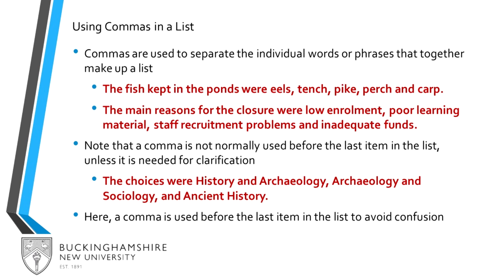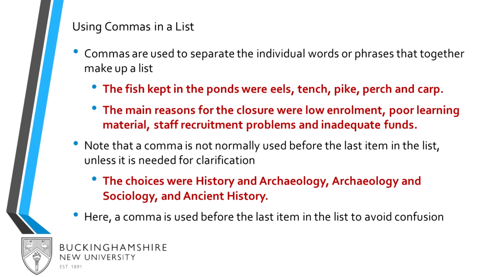If you have a look at the last bullet point here, you'll see that the choices were history and archaeology, comma, archaeology and sociology, comma, and ancient history. You notice there, as we're using the keyword and in the items of the list to represent two different subjects that are joined together, to save confusion, the final comma after the penultimate item, archaeology and sociology, helps to distinguish, so it's not archaeology and sociology and ancient history all as one item.